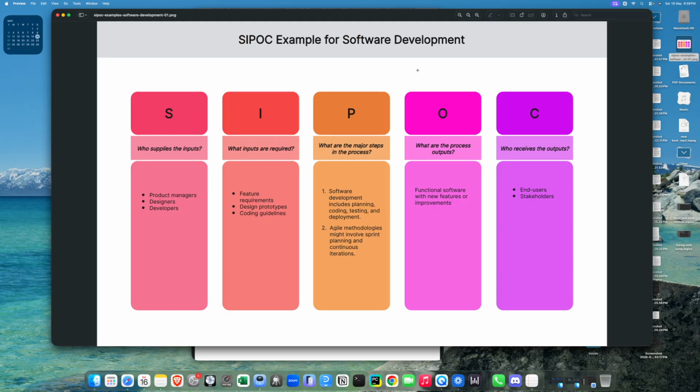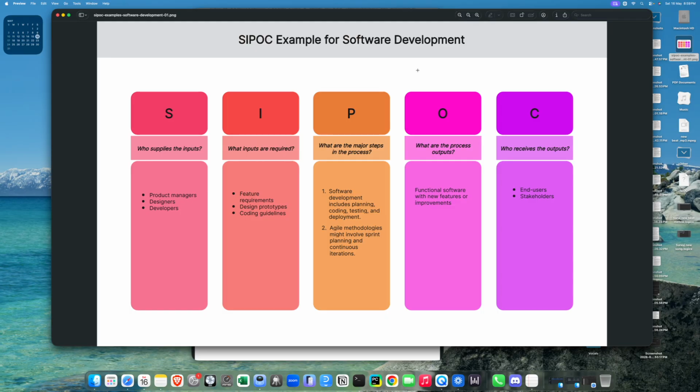Process would be prepare and deliver food. Supplier would be restaurant, input would be food order, process would be prepare and deliver food. Output would be delivered order, right? Once you deliver the order, the customer receiving the food would be C.